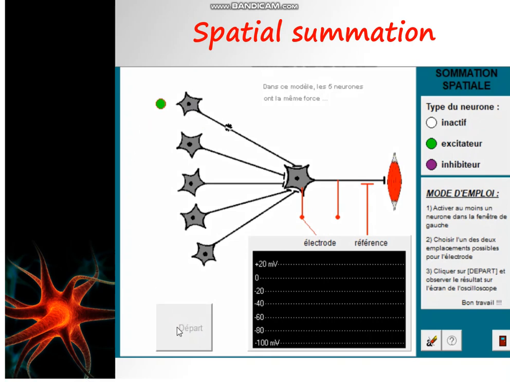First, we stimulate only one presynaptic neuron, so the postsynaptic neuron records an EPSP.